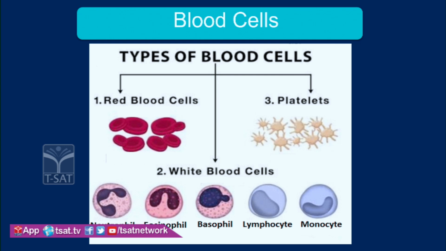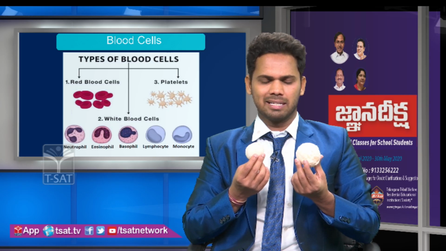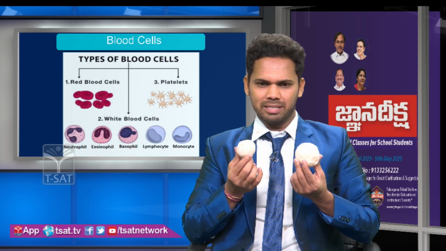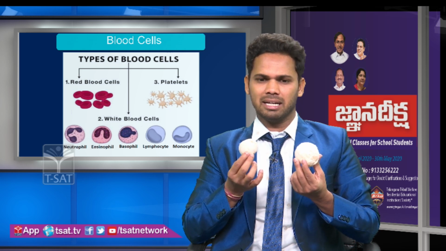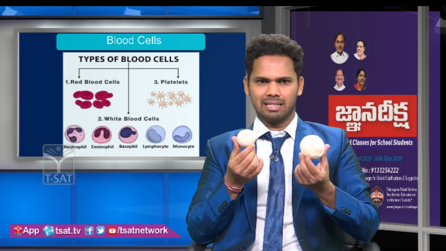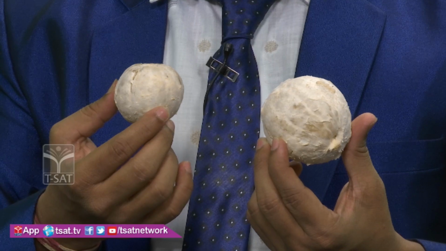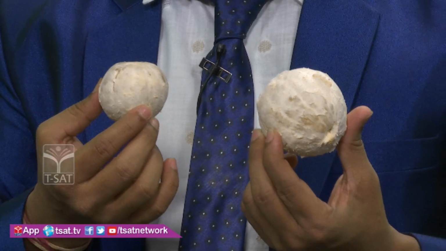Monocyte, this is big in size among all WBC cells. Lymphocyte is small in size among all WBC. These cells are all made from fruit, from oranges.